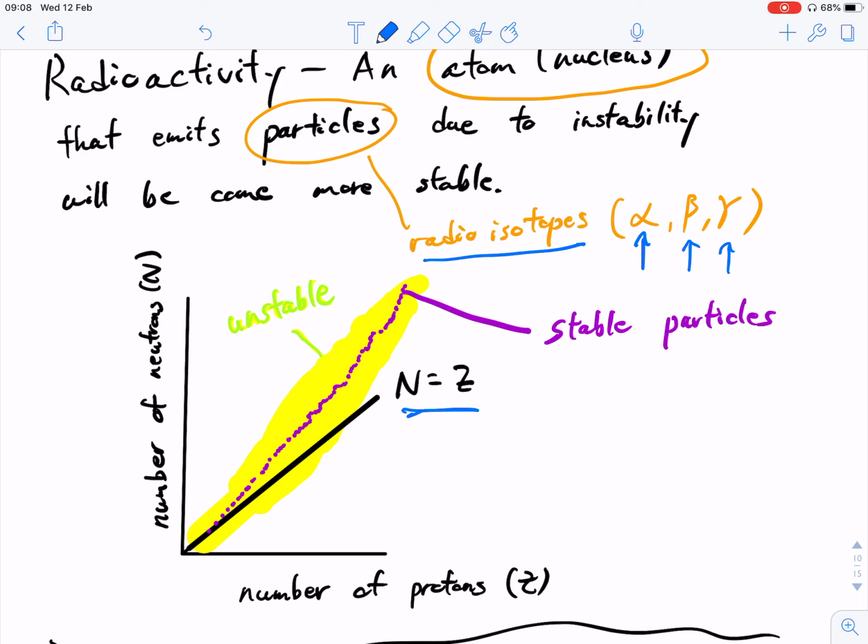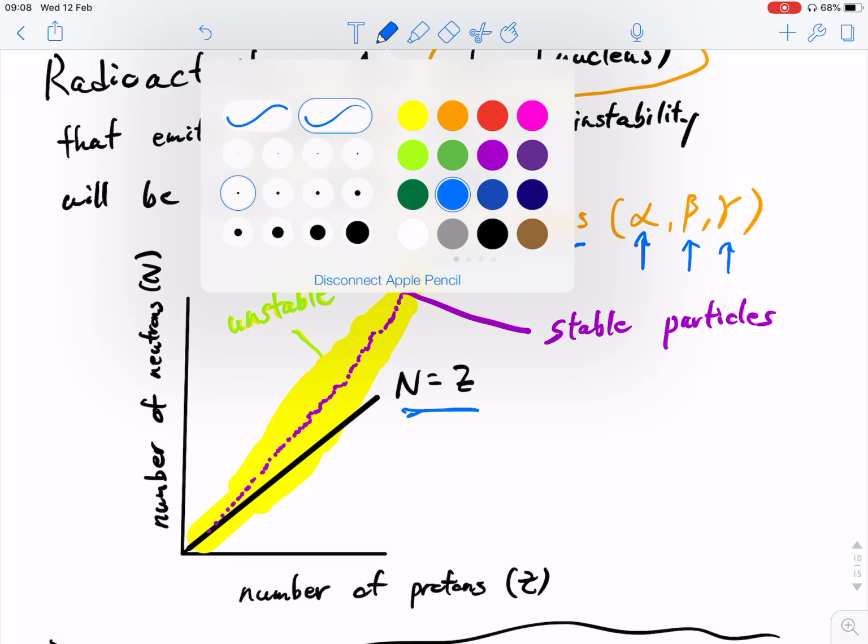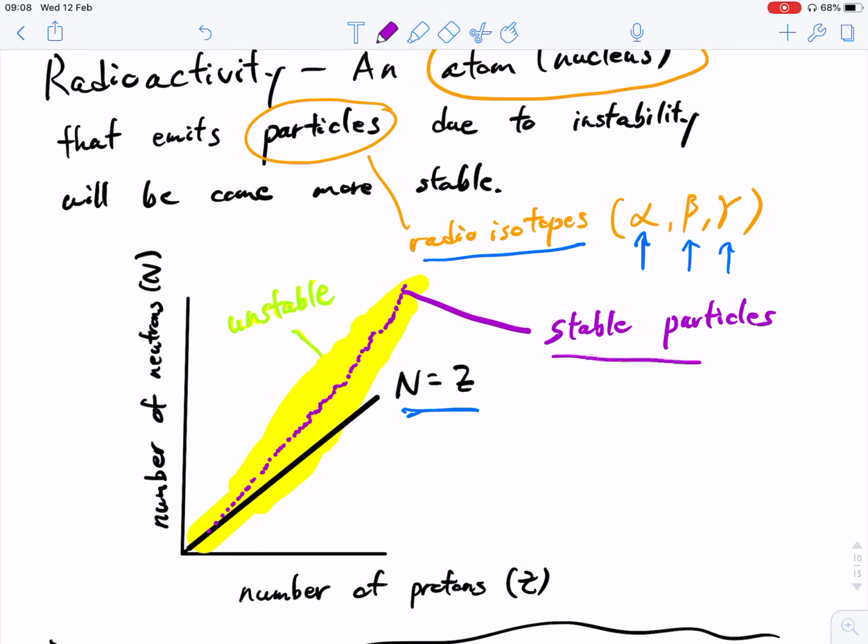And then as you get to heavier elements, the number of neutrons starts to increase. There's a few different reasons for that. But what you see here in the purple line is that as elements get heavier, as more protons get pushed in together, there are more neutrons.